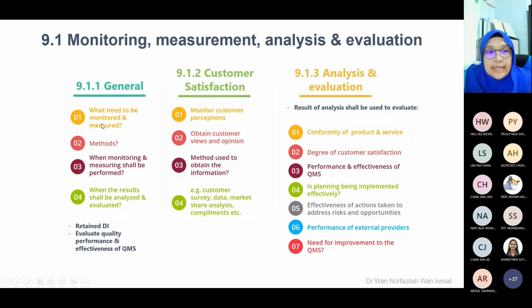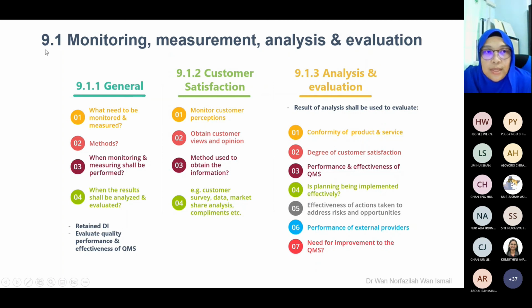And for 9.1, you need to retain the documented information. So for the new students, you might be confused about what it means to retain documented information. That one is in chapter 1, so you need to go through the recording later on. Evaluate quality and performance and effectiveness of the quality management system.